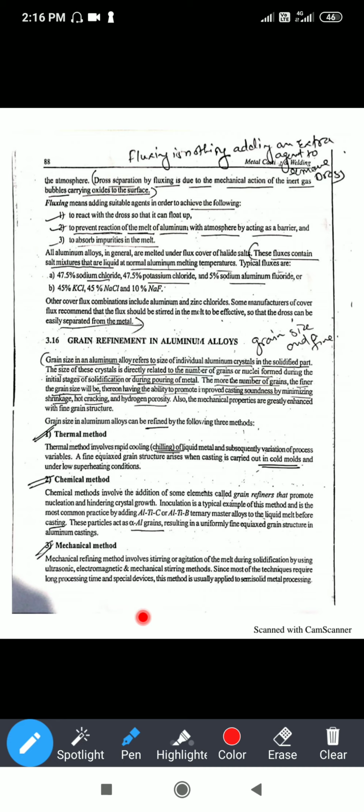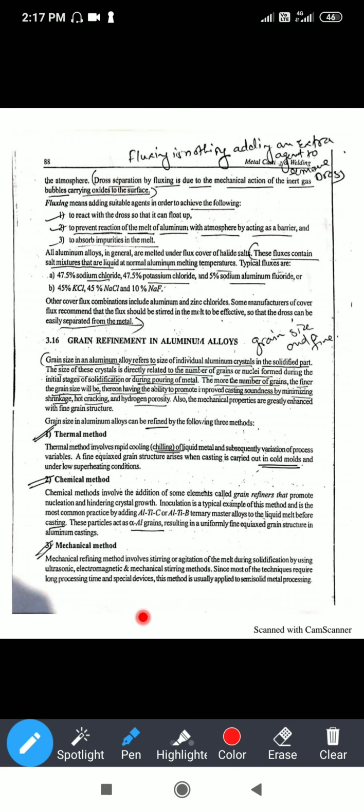Over there you can see it has to be stirred, so that whatever dross, impurities or gases are there will come and float on the upper surface. Okay, so 47.5% sodium chloride can be used as a flux, 5% sodium aluminum fluoride can be used as a flux, and 47.5% sodium chloride can also be used as a flux.